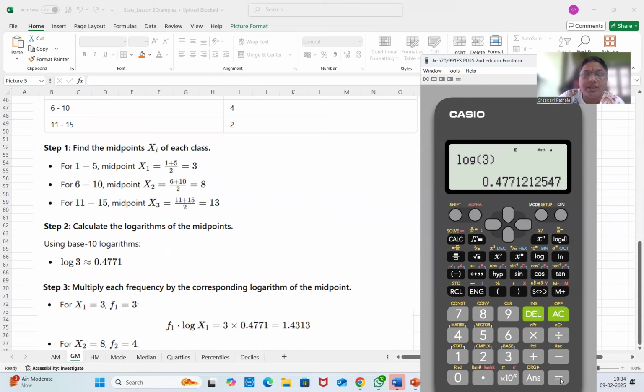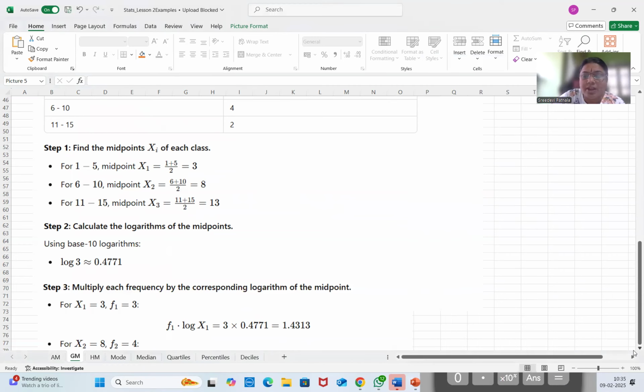You will get the value 0.4771, so log 3 is 0.4771. Similarly, press the AC key, and the next is log 8. Type log 8, close the bracket and press equal to. Then you will have 0.90.